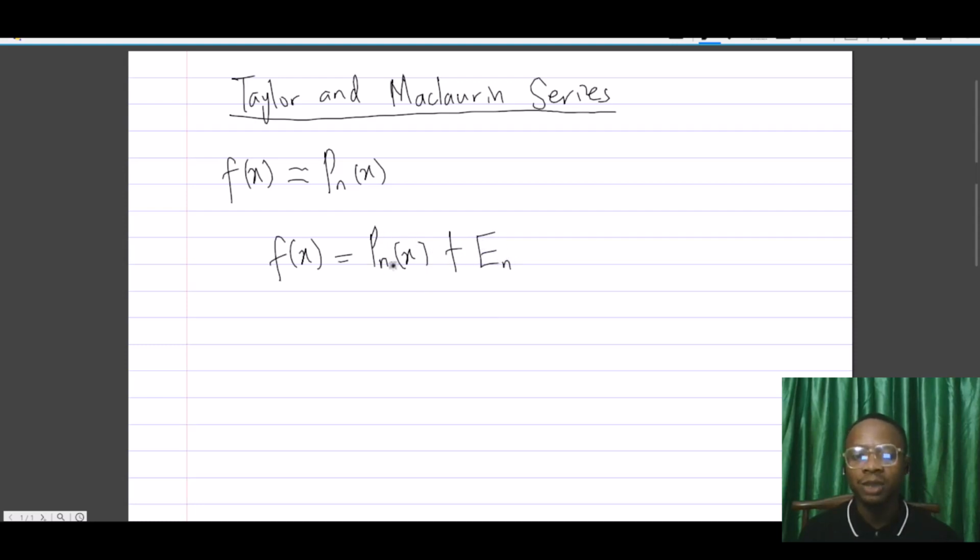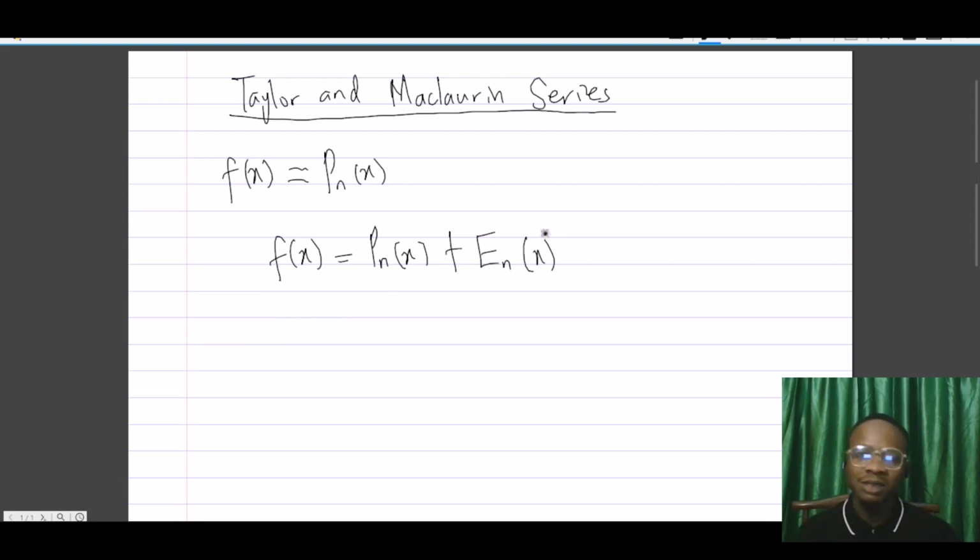That is, there's always going to be a difference, no matter how small, between Pn of x and f of x. Of course, we know that that difference will become smaller and smaller the bigger our n is. We call this En of x, the error associated with the nth degree polynomial approximation for f of x.